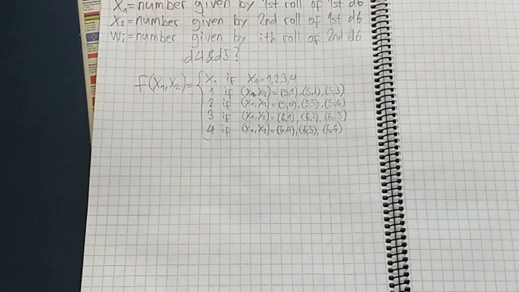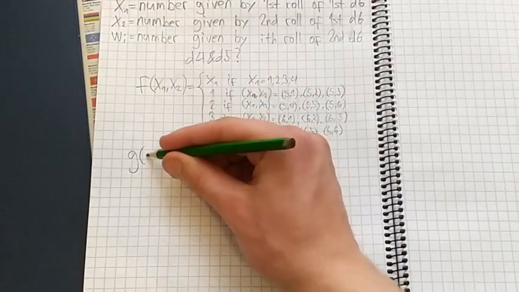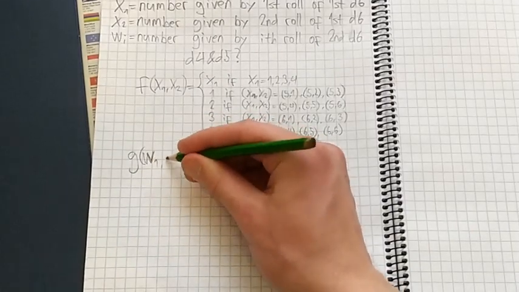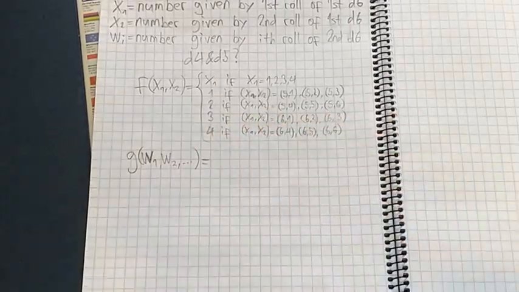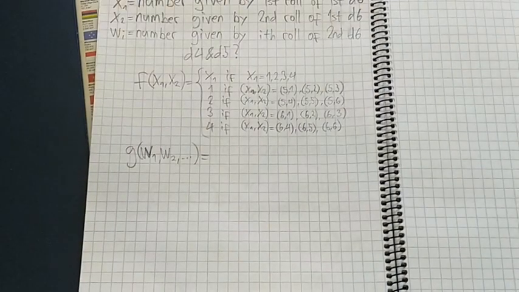So we could write a function g that transforms a sequence of d6 rolls w1, w2, into a random number between 1 and 5, this way.